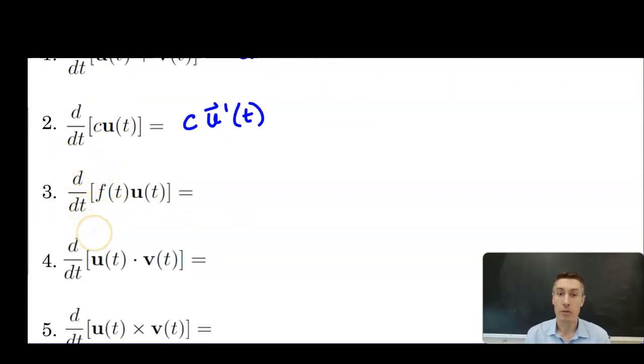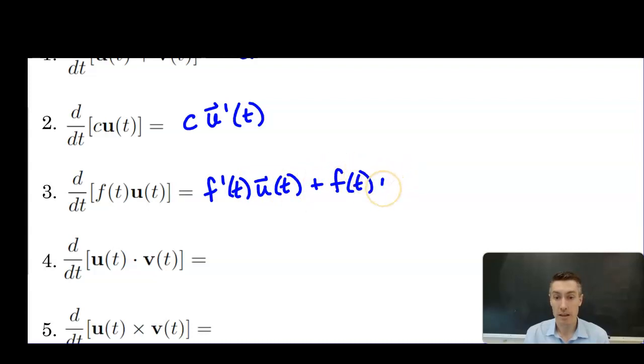Now if we're going to take the derivative with respect to t of f of t times u of t. So f of t is a scalar function now, right? Maybe it's t squared, to give an example. And then u of t is some vector function. The derivative is going to require the product rule. So derivative of the first times the vector function u of t, plus that scalar function f of t times the derivative of the vector function, u prime of t.